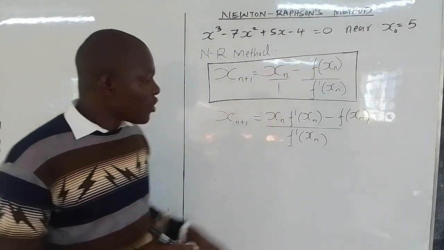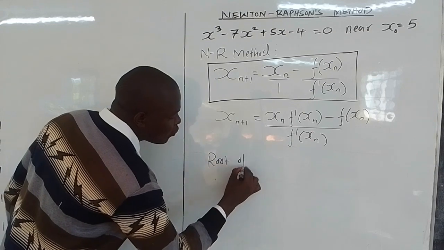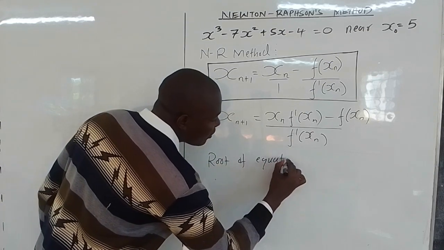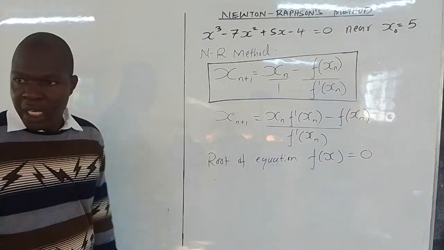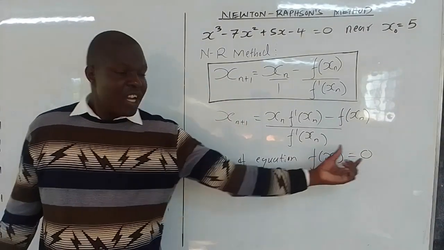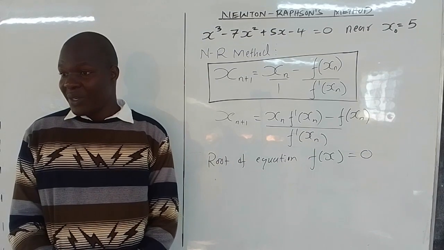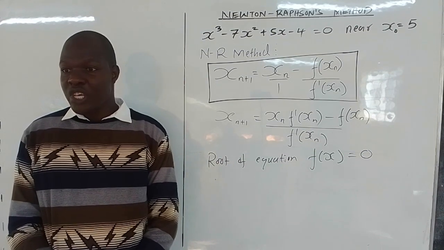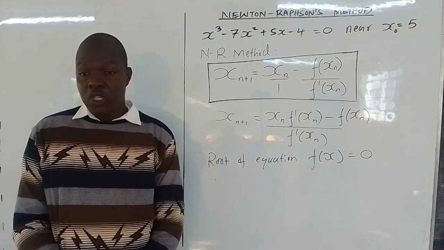So the root of an equation is at a point whereby its solution is what? Is 0. The solution of the function is 0. Meaning if you get a 0, it means you found its root. Are we together? When that function is equals to 0, then that is a point where the root lies.